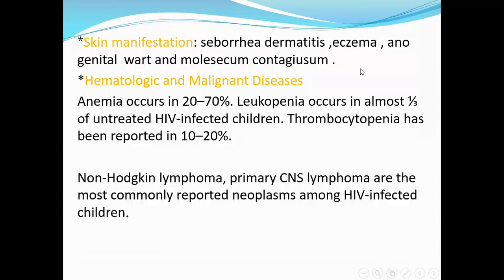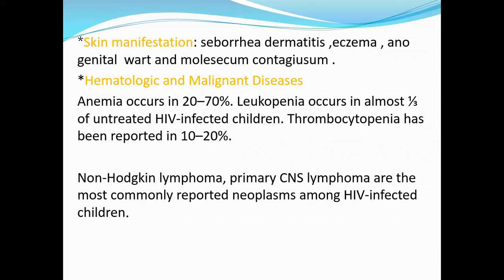Also, skin manifestations in HIV are seborrheic dermatitis, eczema, anogenital wart, and molluscum contagiosum. The most common hematological manifestation in the HIV child is anemia, which occurs in 20 to 70% of children. Also, there is leukopenia, which is a decreased white cell count, in one third of cases, and thrombocytopenia in about 10 to 20%.